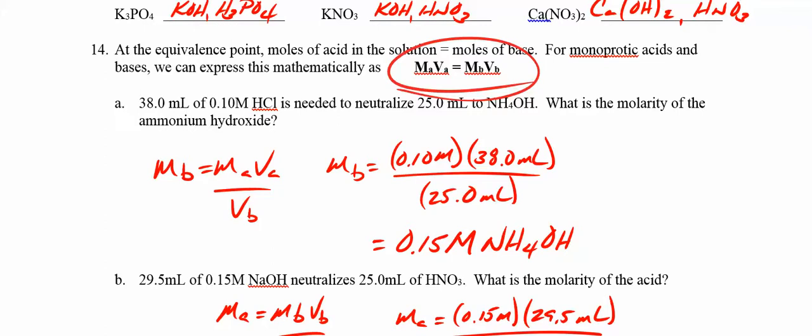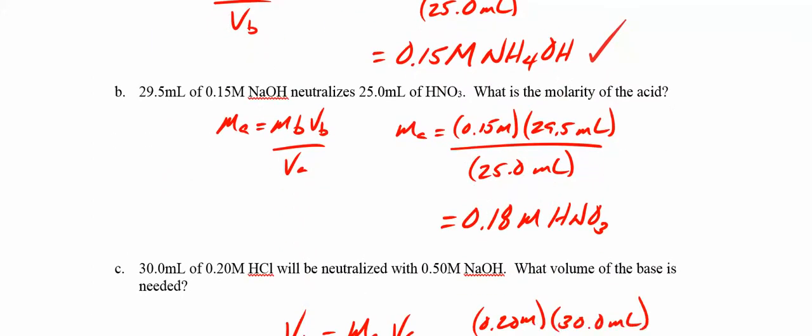When we do that calculation, we get 0.15 molar ammonium hydroxide, and that'll do it for A. Let's take a look at B. B says this: 29.5 milliliters of a 0.15 molar sodium hydroxide solution neutralizes 25 milliliters of nitric acid, or HNO3. What is the molarity of the acid?